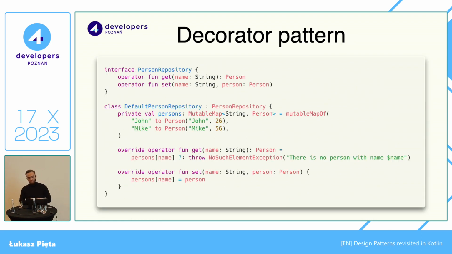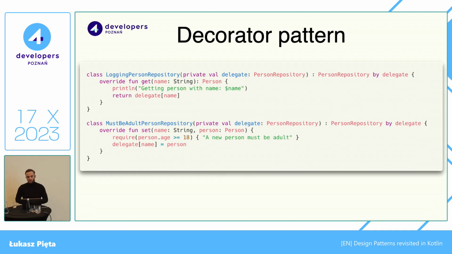And how to use it in our problem with the decorator? So let's go back to the personal repository. Let's make it an interface, and the default implementation will be the implementation of this interface. And here, the implementation is the same as it was for this person repository before. So what we can do right now is to use the delegation pattern in Kotlin.